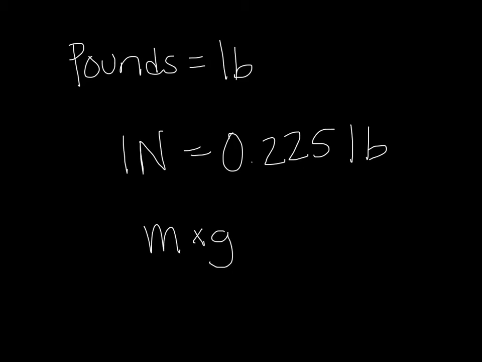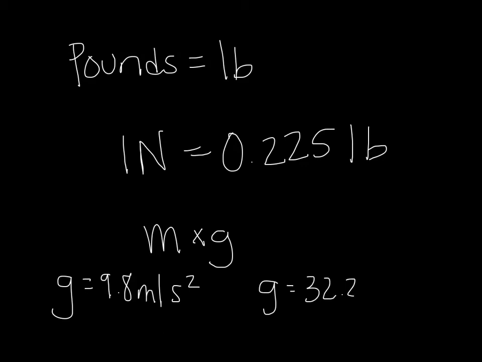And in the past, we've talked about gravity as 9.8 meters per second squared. But if we're doing the British units, then gravity would be 32.2 feet per second squared.